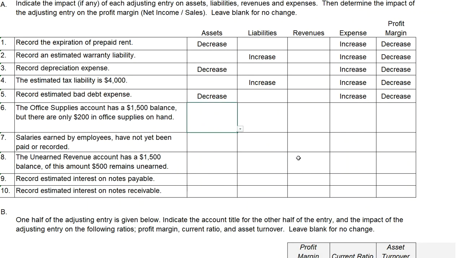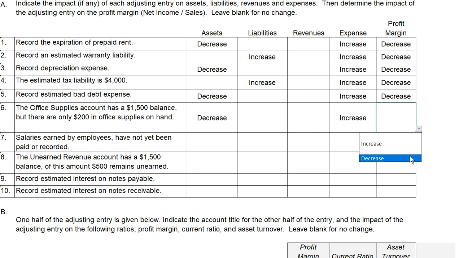Let's go ahead and look at office supplies. Currently, our books say we have $1,500 of office supplies on hand, but we go into the accounts and observe that there's really only $200 of office supplies on hand. So obviously we need to decrease our assets, and we're going to record an expense, supply expense.